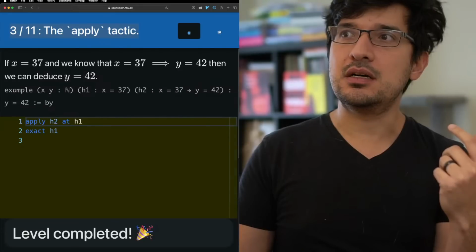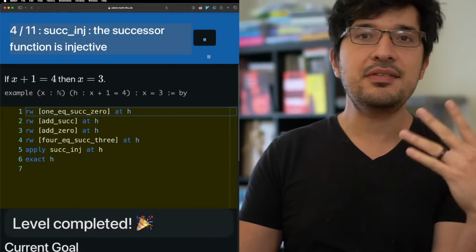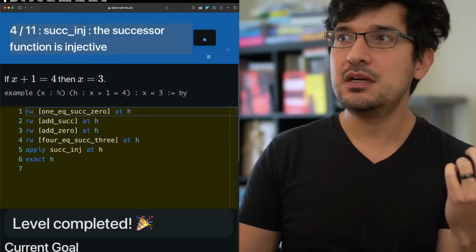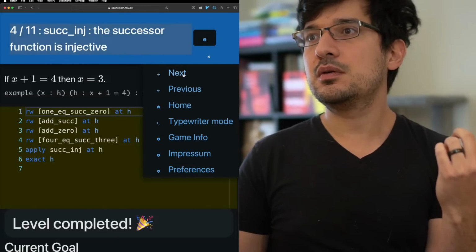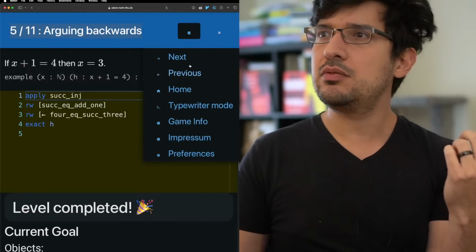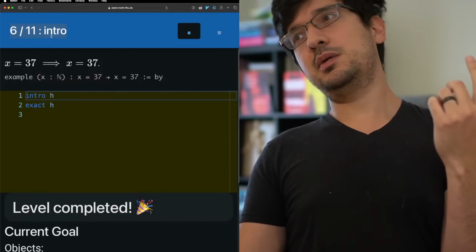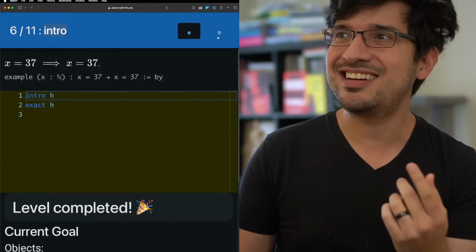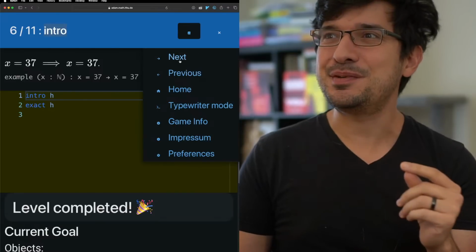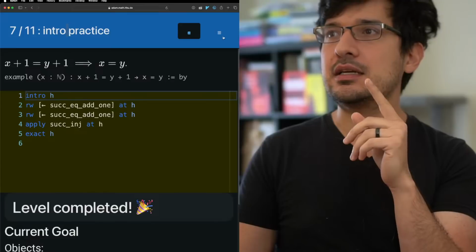Then we learned apply. Then we learned that the successor function is injective. We learned how to argue backwards. We got an intro to something, lowercase, intro, what? All right. I might open a pull request for that one if I get around to it. Oh, intro, the tactic, intro.